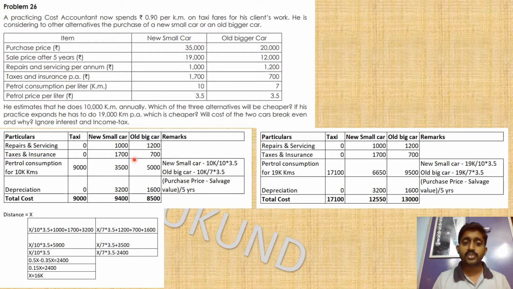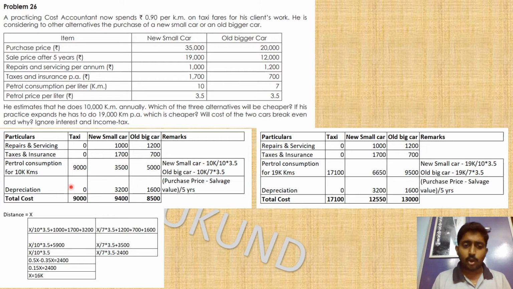So 16,000 divided by 5 years is the per annum depreciation. Same way, do the math for the old bigger car: 20,000 minus 12,000, 8,000 is the depreciation for 5 years. So 8,000 divided by 5 is the per year depreciation of 1,600 rupees.